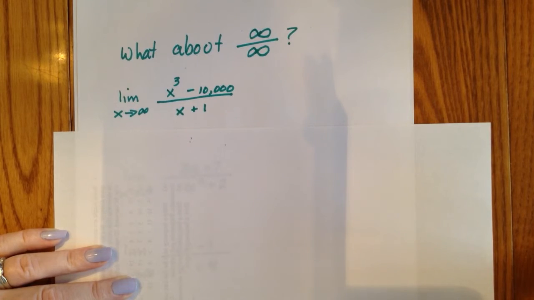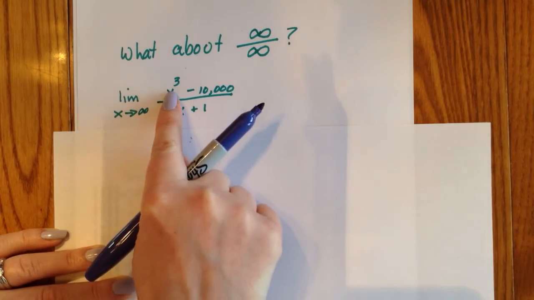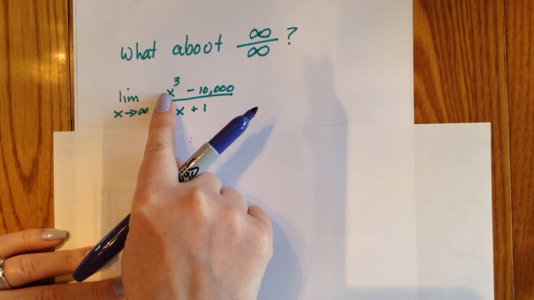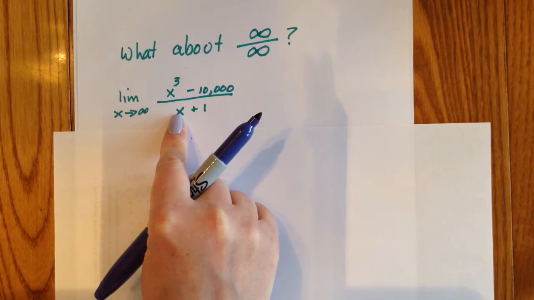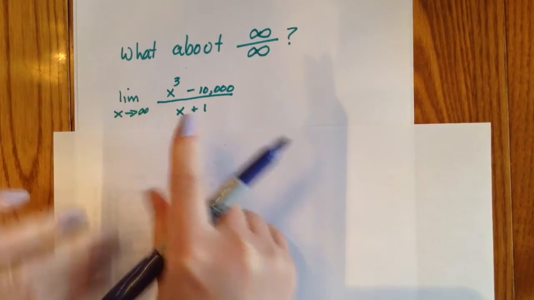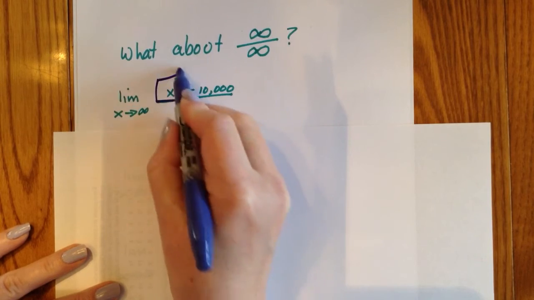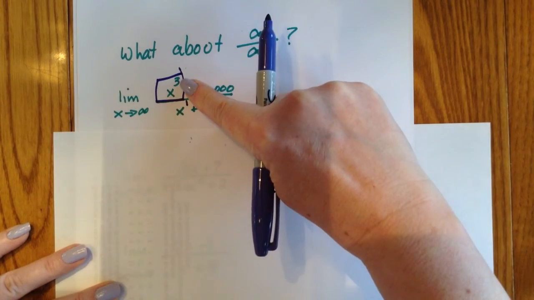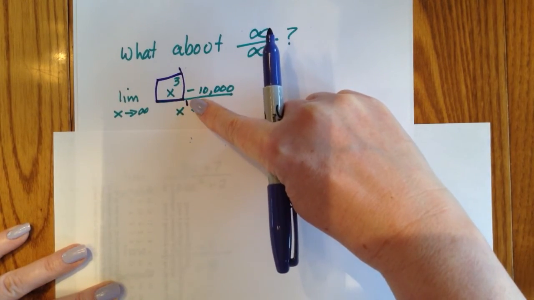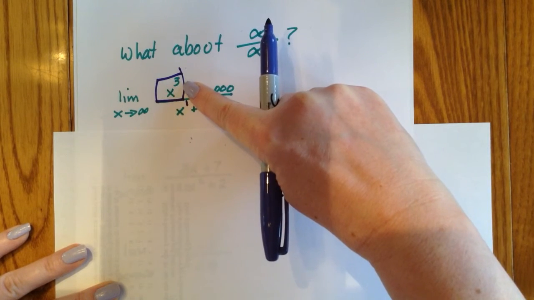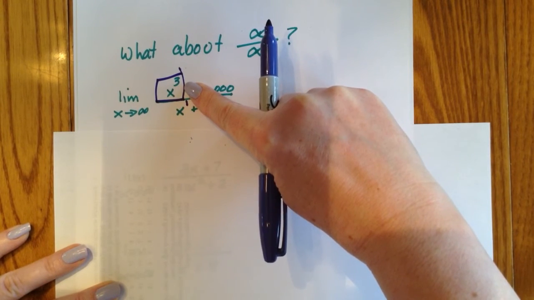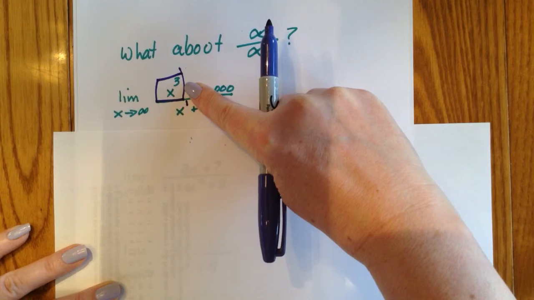Well, it's very simple. After we decide on who's dominant in the numerator and denominator separately, you compare them. It is more dominant to have x to the third power than x to the first power. We have a dominant term in the numerator.